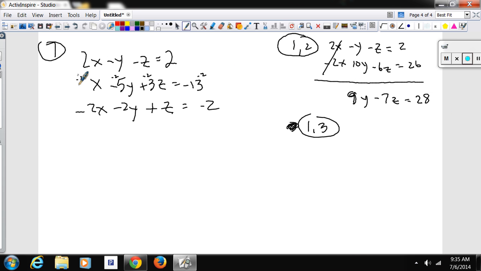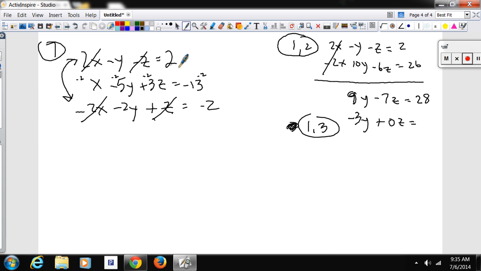Now we're going to combine 1 and 3. And we don't have to multiply anything because 2x and negative 2x are already going to cancel out. So you're going to get, combining a negative y and a negative 2y will give you a negative 3y. A negative z and a positive z will cancel out, so you don't have any z's.